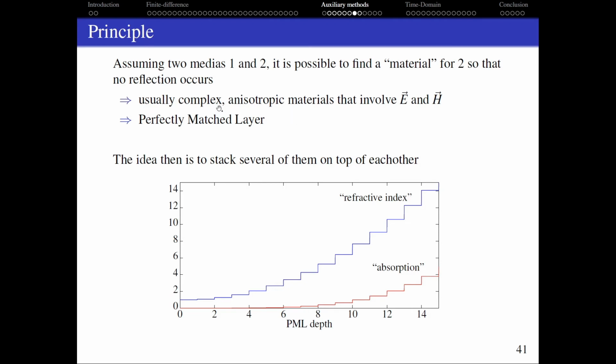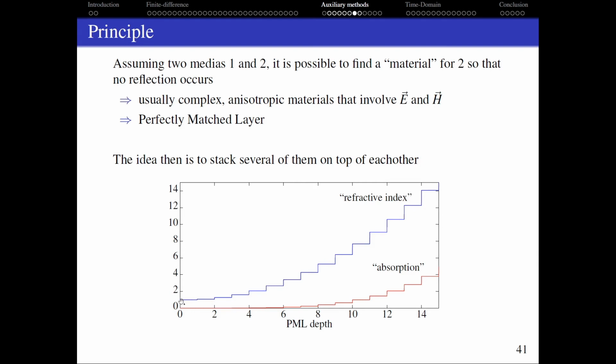Of course, since we have a grid that is discretized, it's not perfect. There is still some reflection when we apply this, though it is small, and the way to mitigate it is to have many layers, one after the other, and we are going to increase the values of the different parameters of this layer.